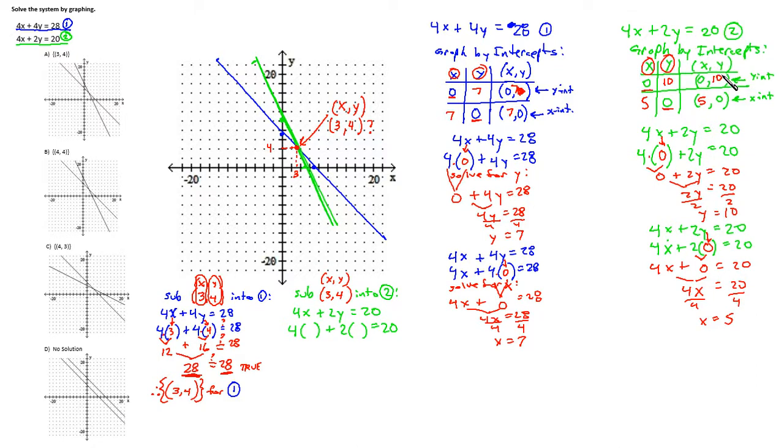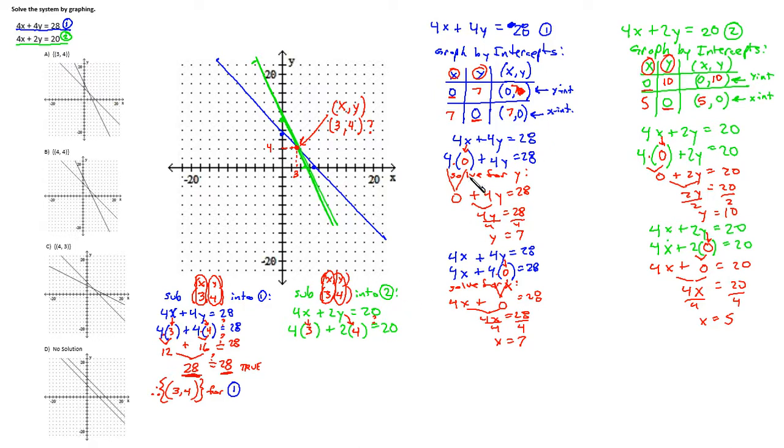We call this ordered pair a potential solution. Until we're done checking, we'll replace x with 3 and y with 4, and we put a question mark over the equal sign. I don't know if this is going to turn out true or not.